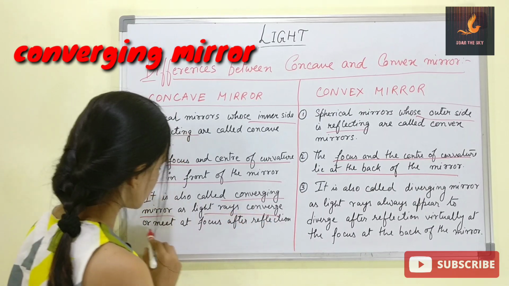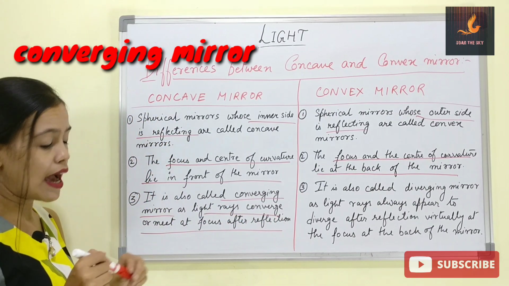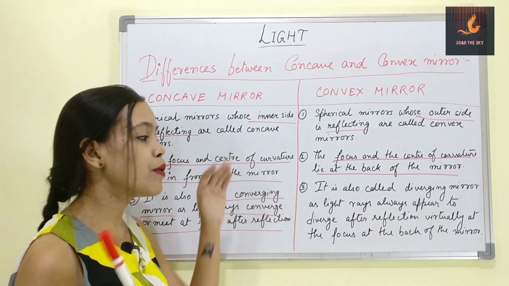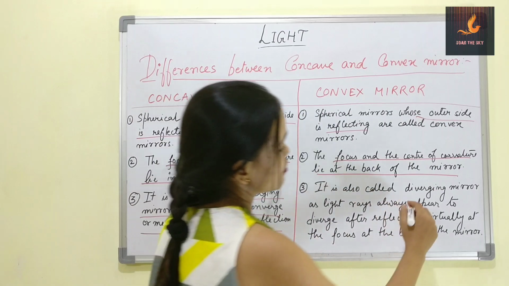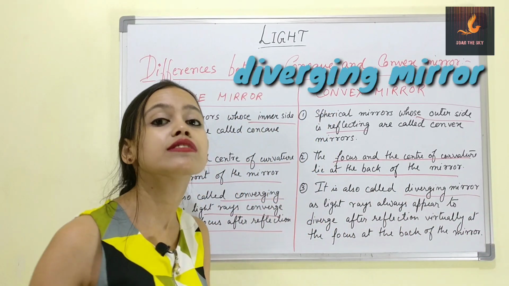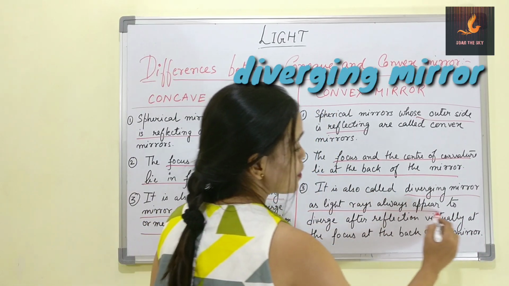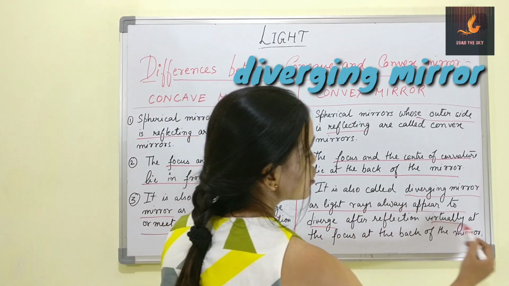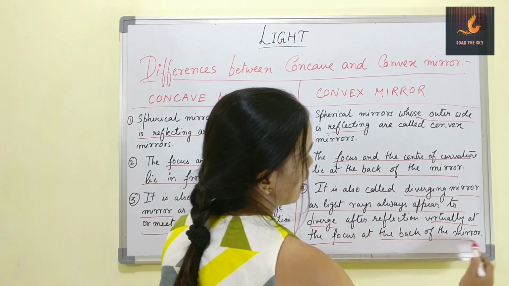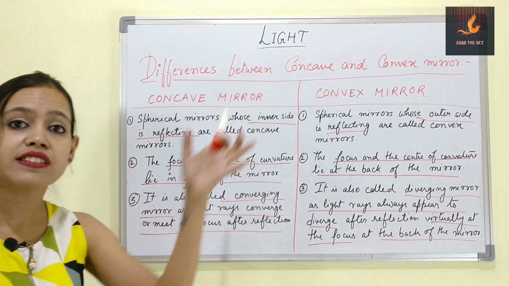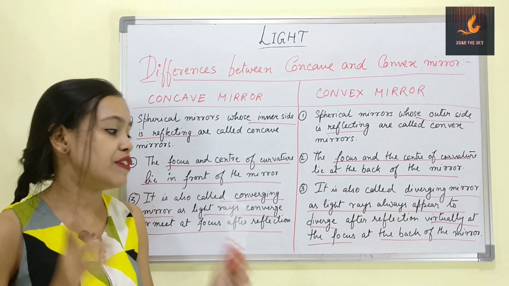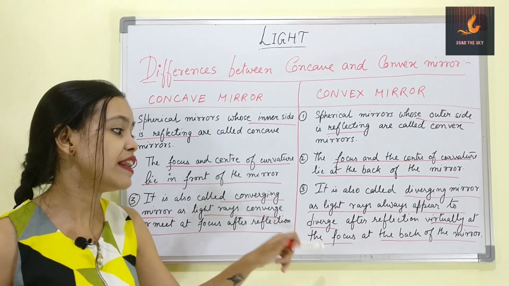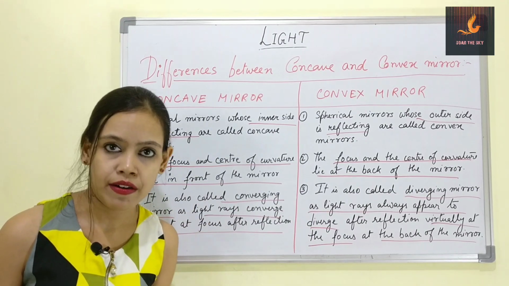The convex mirror is called a diverging mirror as it diverges the rays, as light rays always appear to diverge after reflection, virtually from the focus at the back of the mirror. When we produce the rays backwards, they feel like they have diverged from the focus point at the back of the mirror.